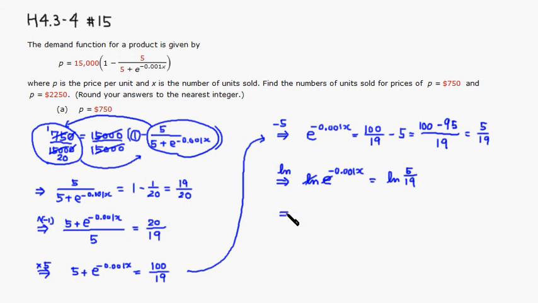Then all you have to do is divide through by negative 0.001. So x is equal to the natural log of 5 over 19, over negative 0.001.